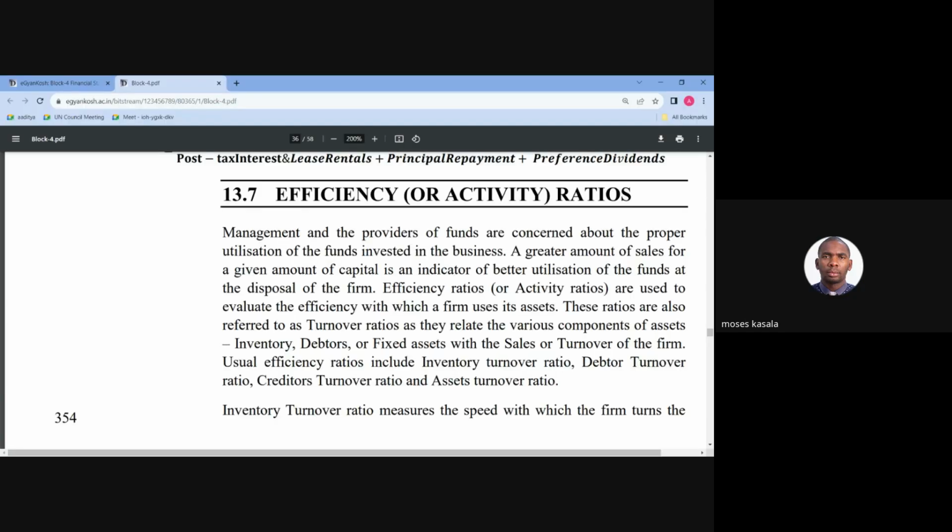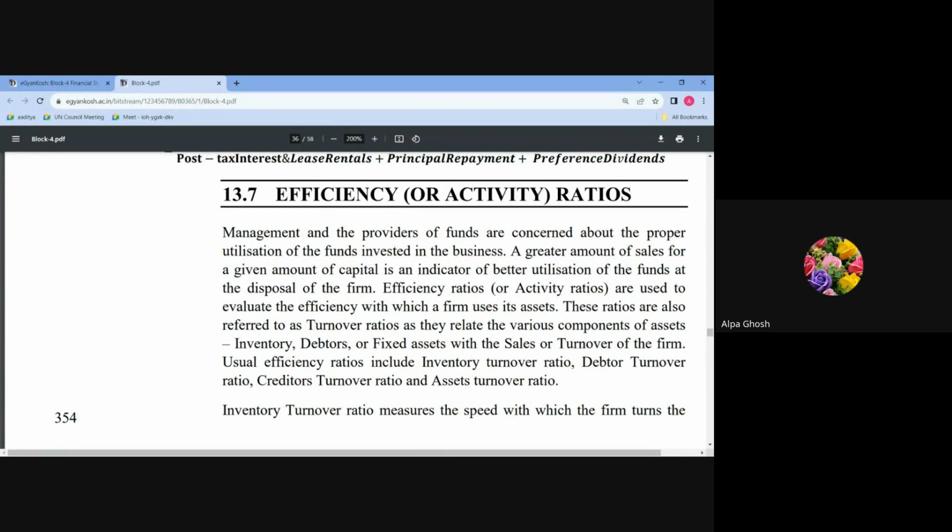Okay, so I'm coming back to efficiency or activity ratio. When we start with efficiency or activity ratio, in this we try to compare how efficiently we are using the assets of the firm or business.